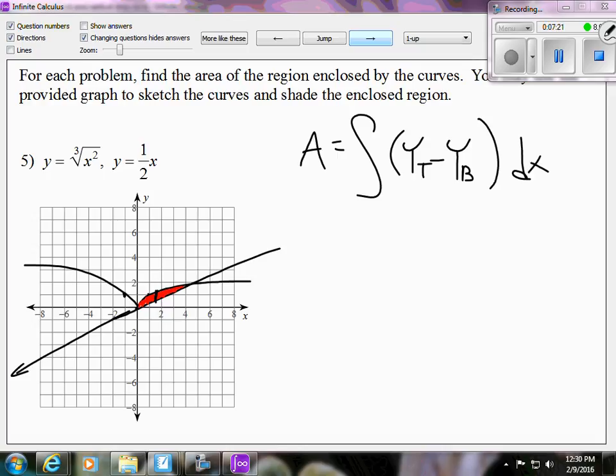We've got to fill in what those functions are. So if you're in here, what does y equal? Cube root of x squared. Y top is the cube root of x squared. And y bottom, 1/2 x. That's the other one.